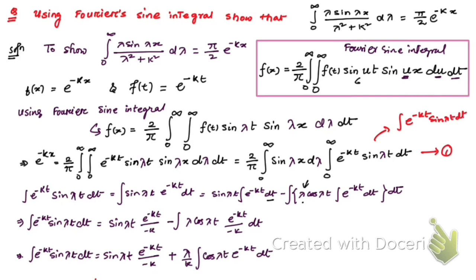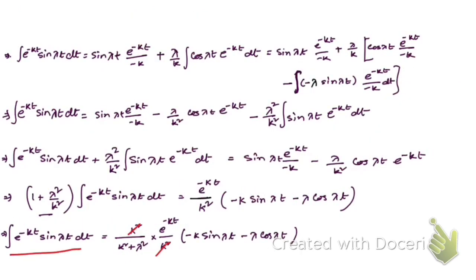Now we need to evaluate it with the lower limit 0 and the upper limit infinity. So here you see this is the evaluation of the integral. We're going to put the upper and lower limits, 0 to infinity. Let us copy this and go to the next slide.